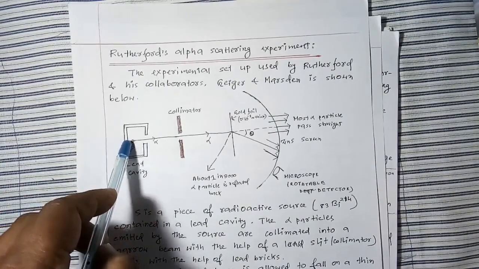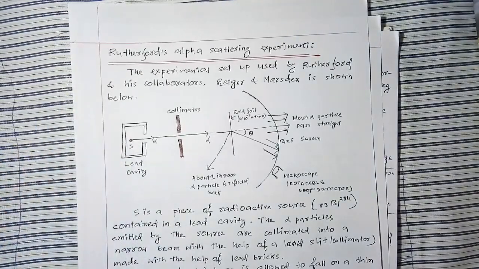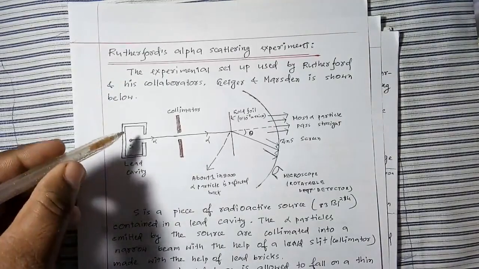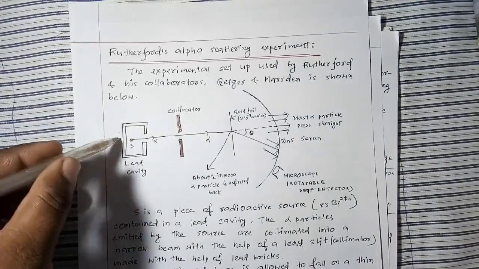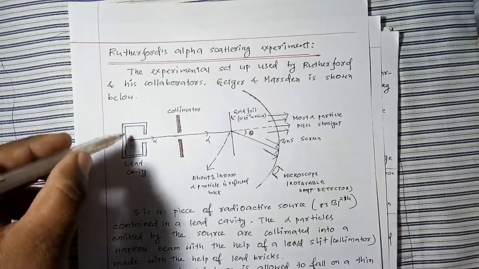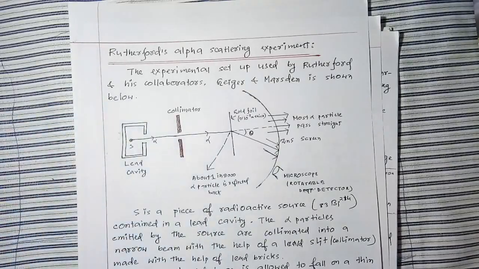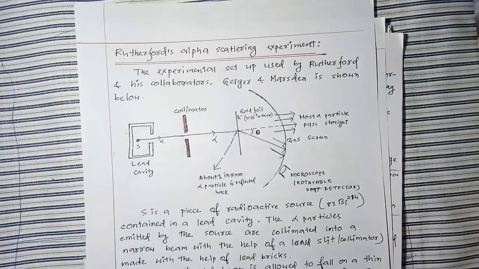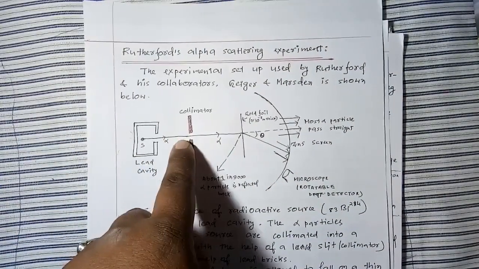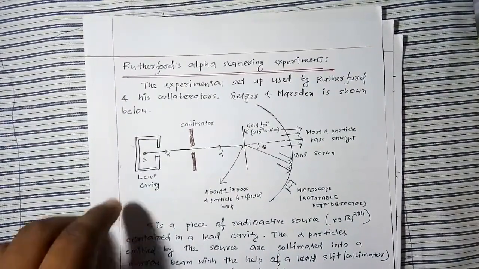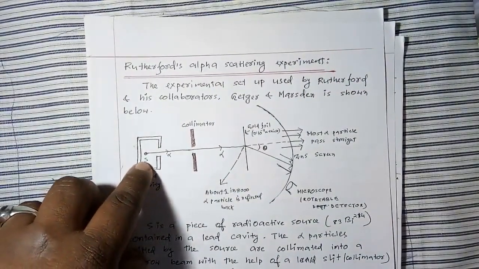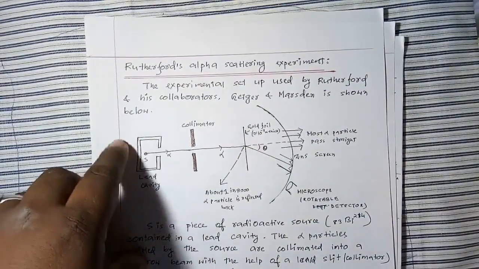And why is this lead cavity used? This is because the radioactive source could emit radiation in all directions. In this direction, in this direction, in all directions it can emit radiation. But what we need is a very fine beam of radiations.